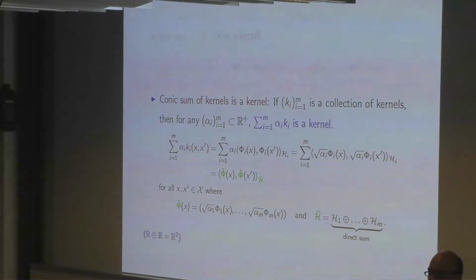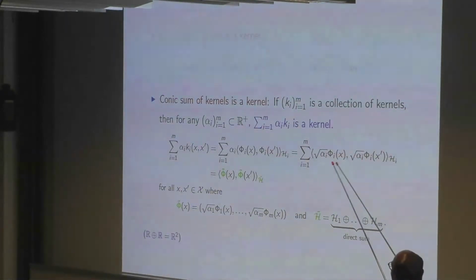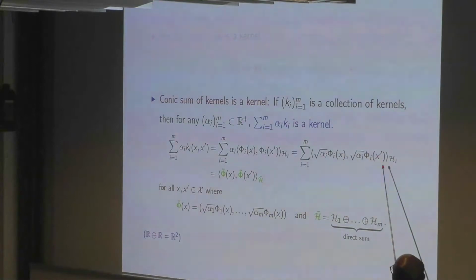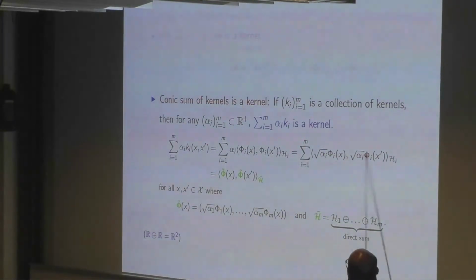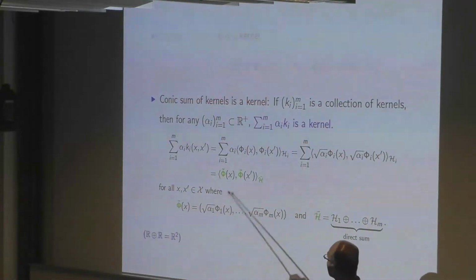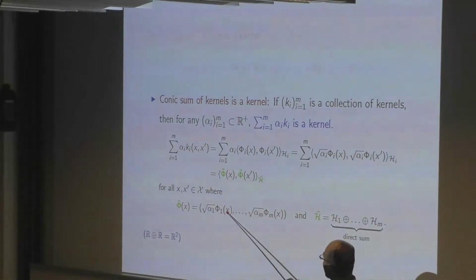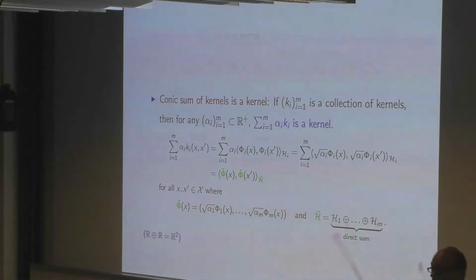So how many of you are familiar with direct sums? All we are doing here is, once we have written this inner product with respect to the H_i's, I'm saying I can write it in this fashion. We construct these feature maps by stacking the feature maps of all of them. This gives me an interpretation of what is called the direct sum.